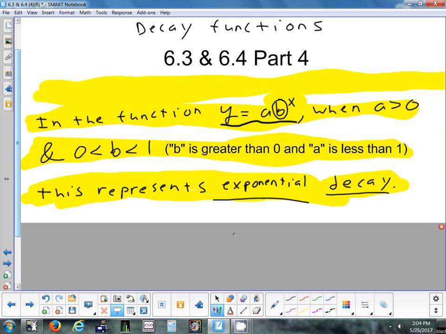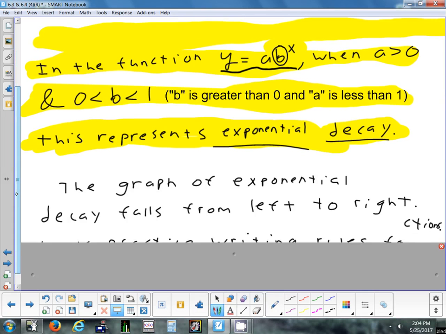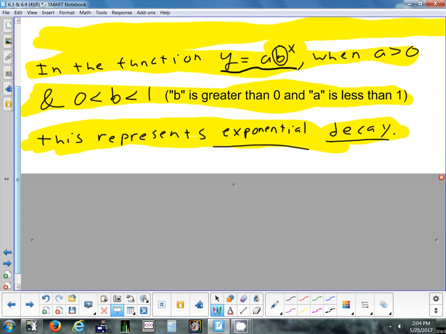Now today we're going to look at the graph of exponential decay a little bit more. What happens when a graph decays? As you go to the right, does the graph go up? It's like losing all your money. So which way does the graph go, up or down? Down.